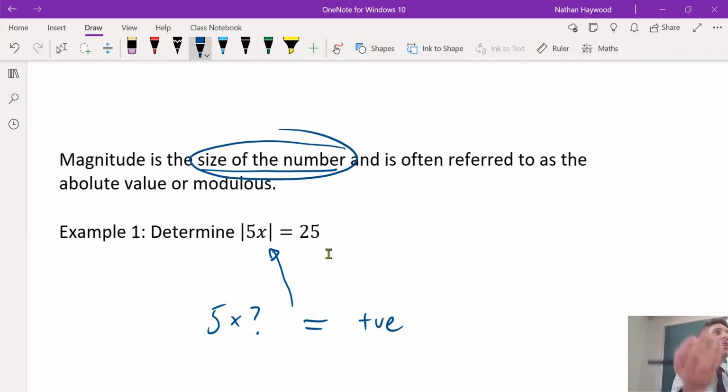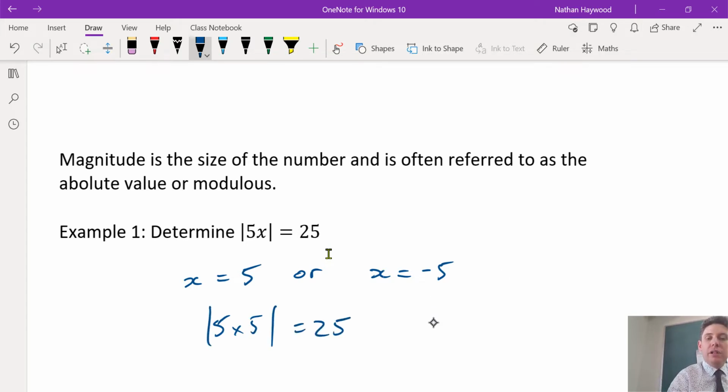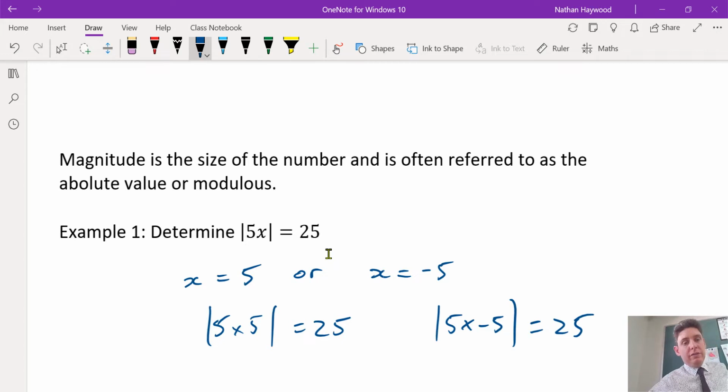We don't care about the negative sign. So pretty much x could be 5 or x could be negative 5. Because 5 times 5 in the absolute values is 25. 5 times negative 5 is also positive 25.